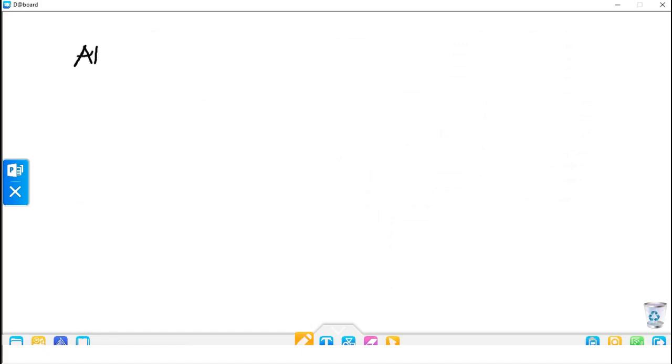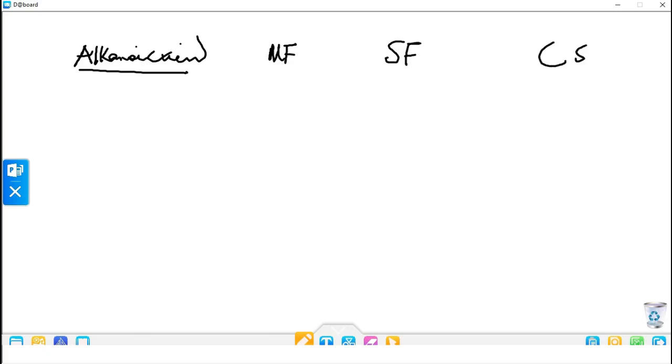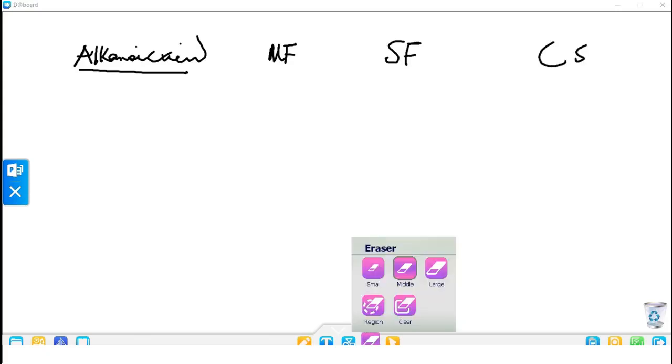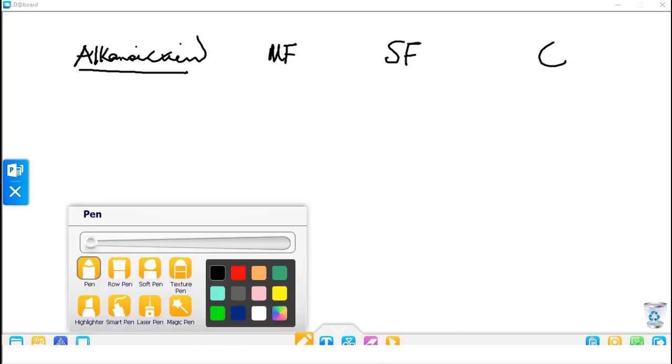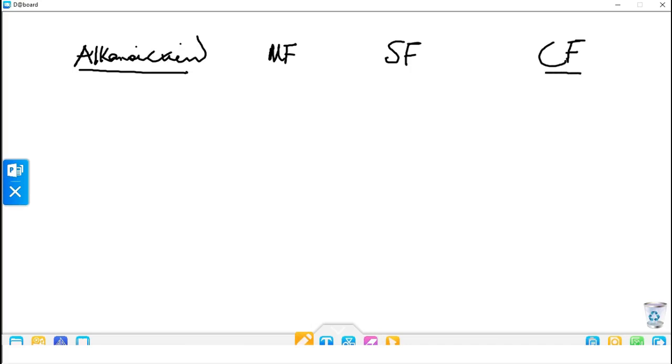So we have alkanoic acid, the molecular formula, structural formula, and condensed formula.